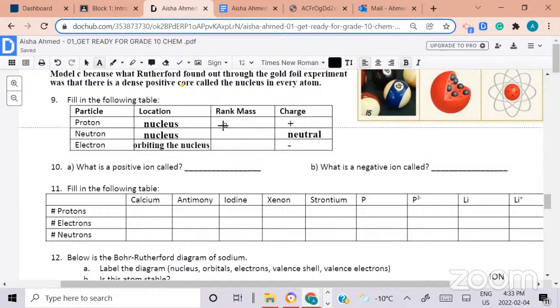Okay, so for relative mass, a proton is something amu. In capital letters? In lowercase letters. That means atomic mass unit. A proton, I think it's one atomic mass unit.